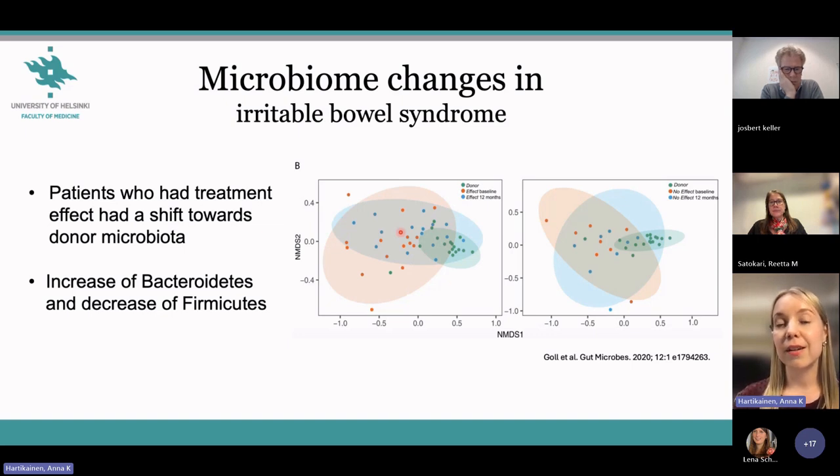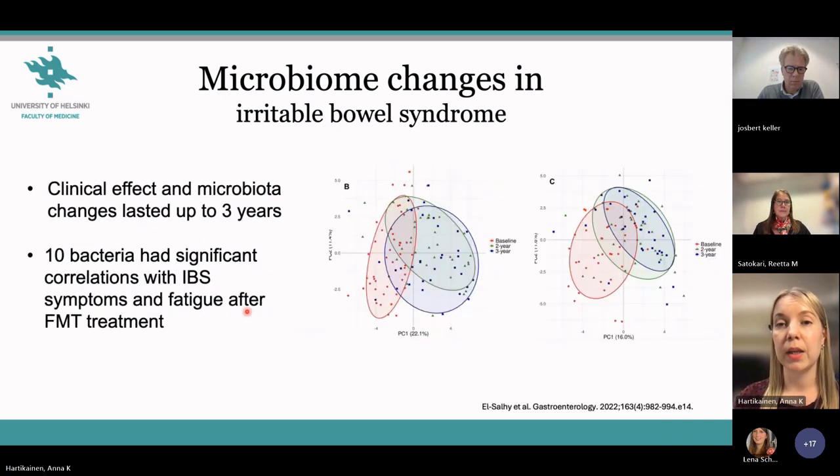So here, Goll et al. show that these patients who had an effect from the treatment actually showed this kind of shift in microbiota towards the donor. However, those patients who did not have any effect from the treatment didn't have a similar kind of shift towards the donor. So these patients had an increase of bacteroidetes and a decrease of firmicutes, for example.